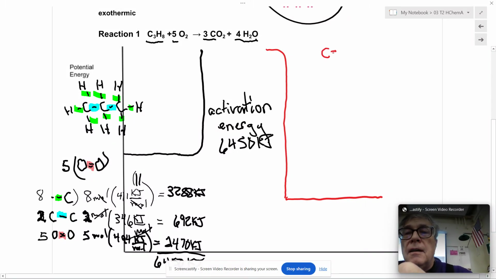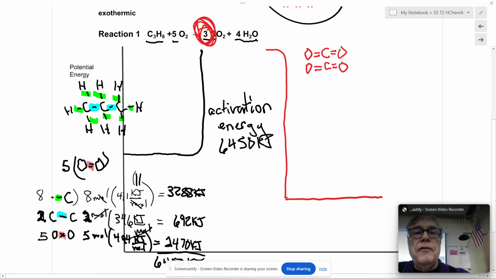So there is, up above, a structural formula. And notice we're going to draw 3 of these because this coefficient right here tells us there are 3 of those.